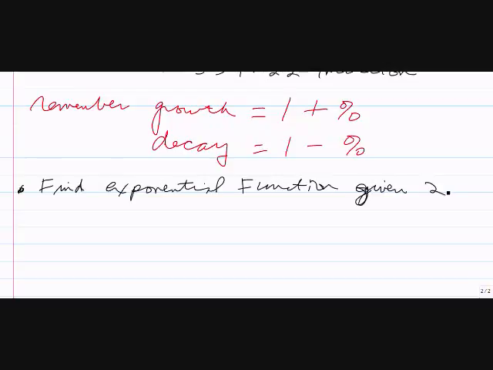So we are going to start off with the 2 points, (2, 4) and (4, 20).